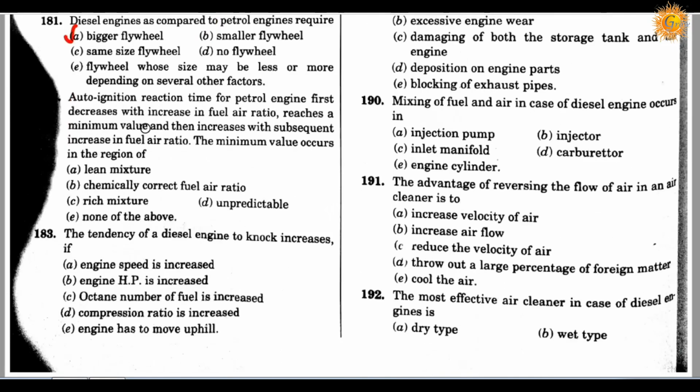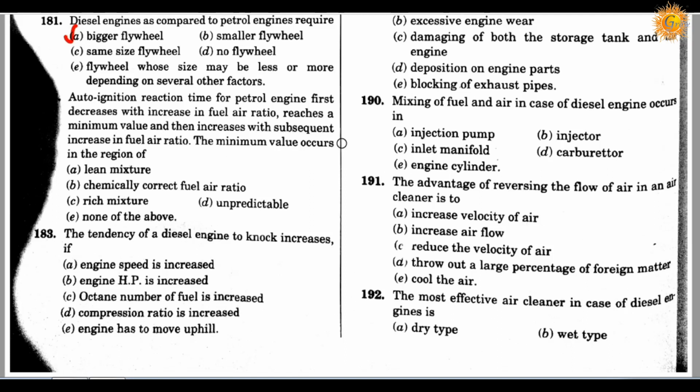Question number 182. Auto ignition reaction time for a petrol engine first decreases with increase in the fuel air ratio, reaches a minimum value and then increases with subsequent increases in the fuel air ratio.